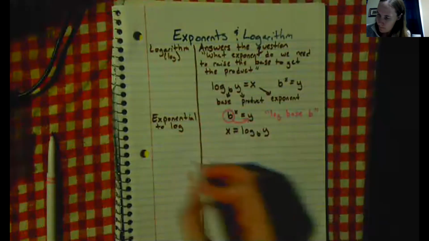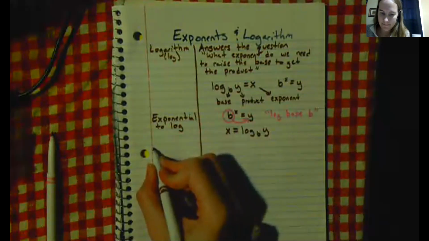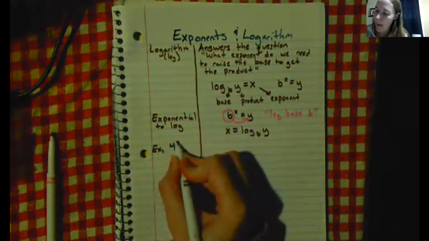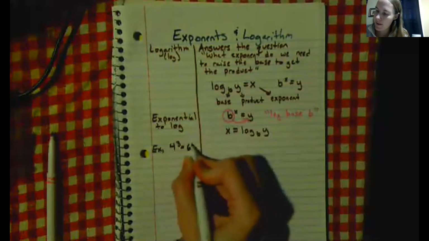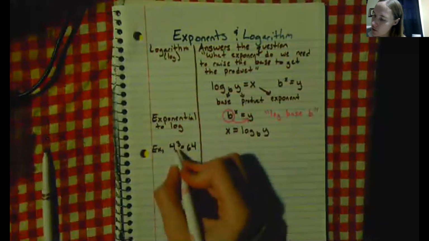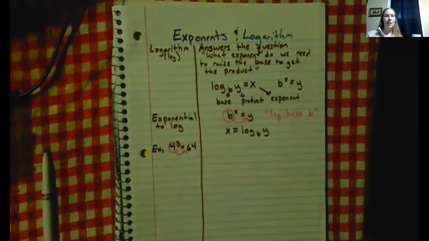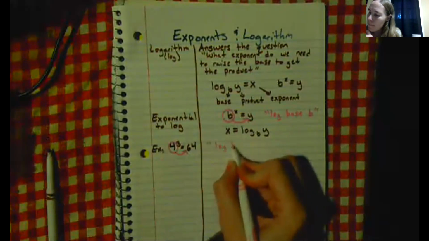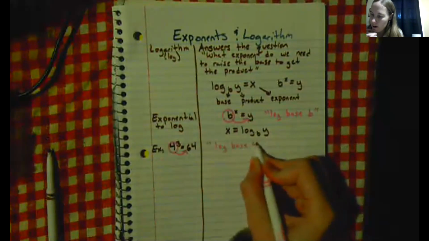So, for example 1. Say I have 4 to the third power equals 64. So I'm going to look for my base, which is 4, and I'm going to move it to the other side. Then I'm going to think to myself, all right, I'm going to have log base 4.